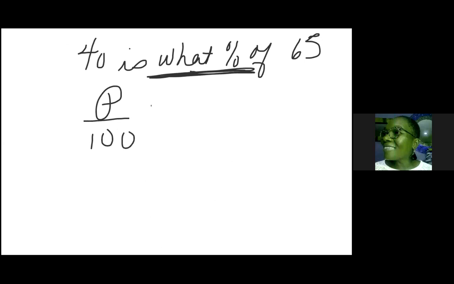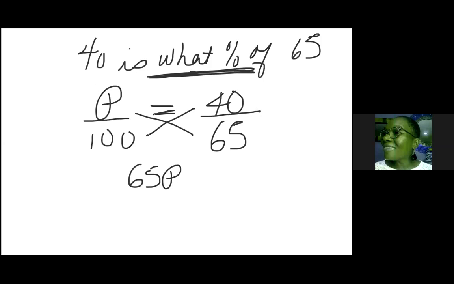The of number, the is number is the one that goes in the numerator. That's the 40. The of number is the one that goes in the denominator. That's the 65. Now, what you've done is to create a proportion. A proportion represents two equivalent fractions. And to solve a proportion, you cross multiply them. So you get 65p is equal to 4,000. And then you want to divide both sides by 65, everybody.